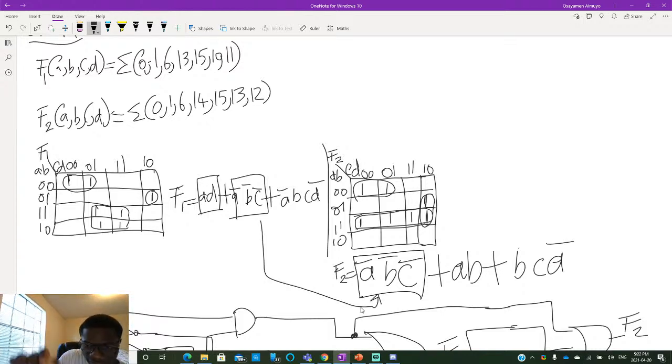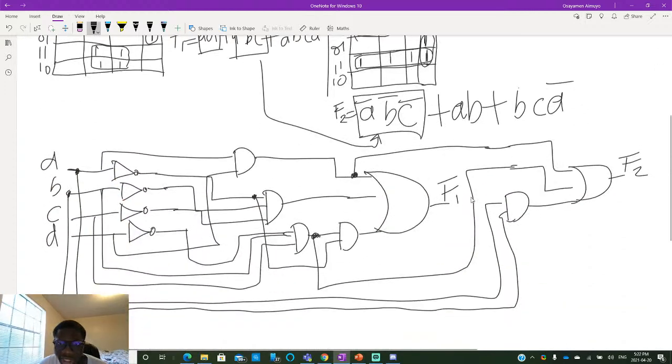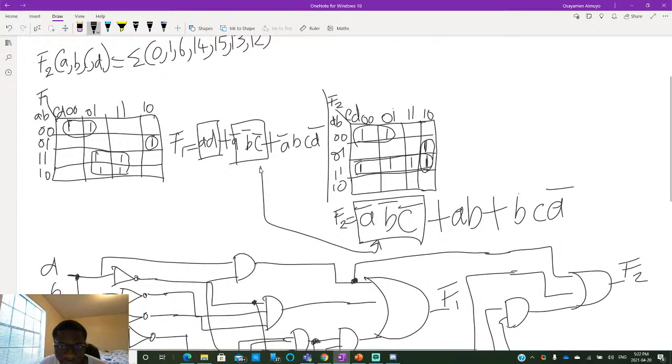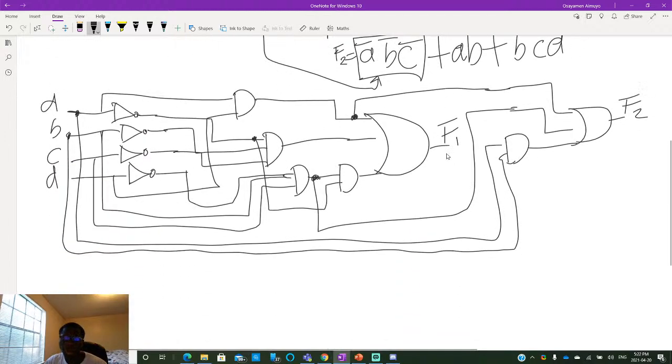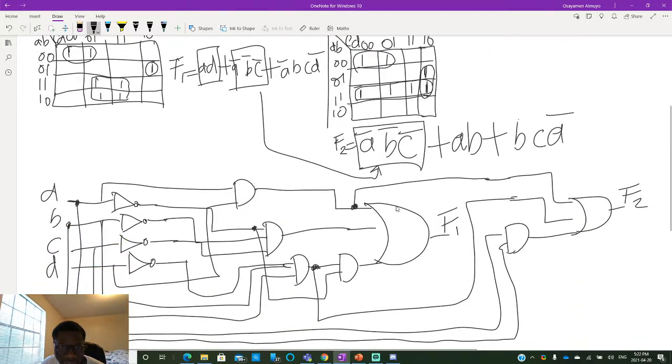I'd have to redraw the circuit diagram. So it's A bar, B bar, C bar. That's the term we share. But the simplification still holds because B, C, D bar is common between these two as well as A bar, B bar, C bar. Okay, so just to fix this diagram very quickly, I think I already did A bar, B bar, C bar here. Yes, precisely.